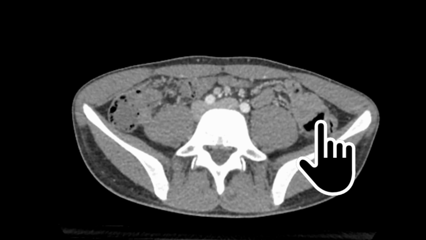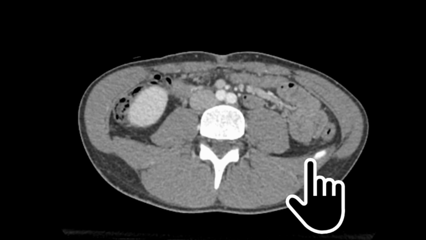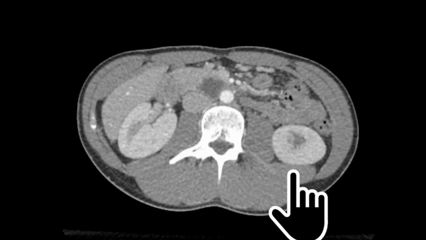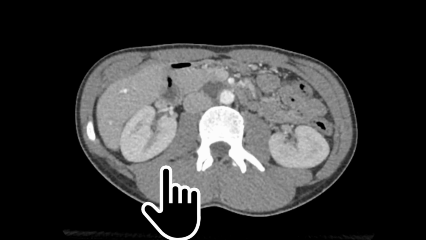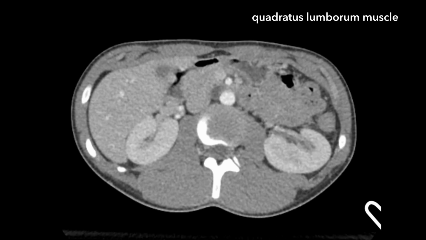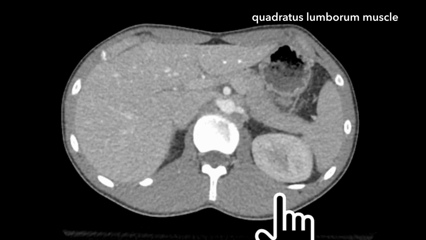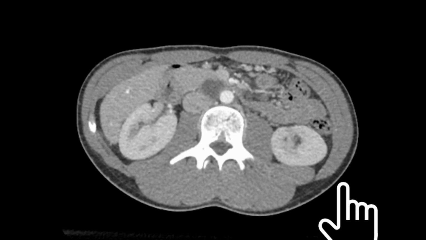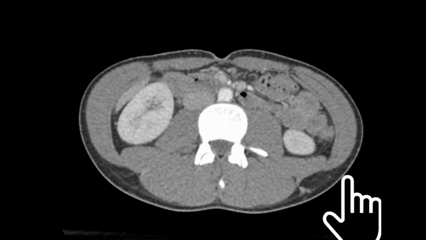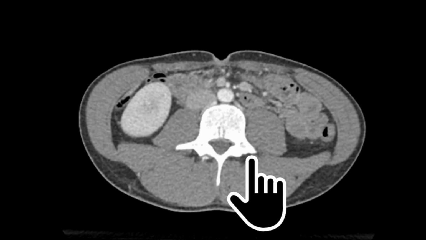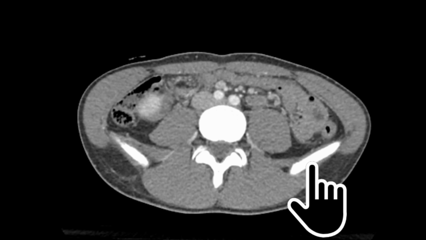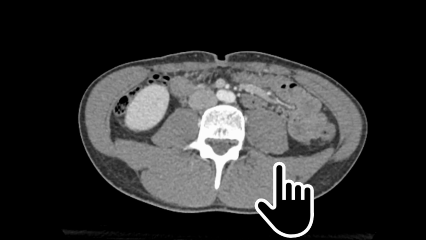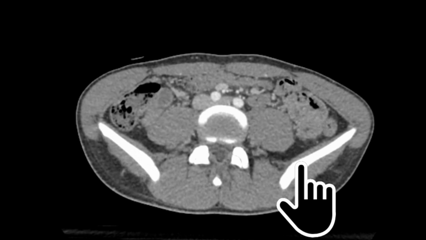The other muscle then of the posterior abdominal wall is quadratus lumborum, and it's much flatter. And this is what we're seeing here, look, posterior to the kidney. So quadratus lumborum is running from the vertebrae to the iliac crest. So as we descend, there's the bone there. So if we scroll up, you can see the muscle becoming bone because the muscle is attached to the superior part of the bone.